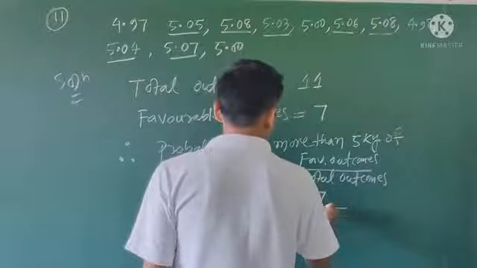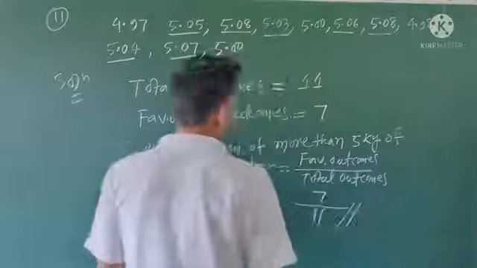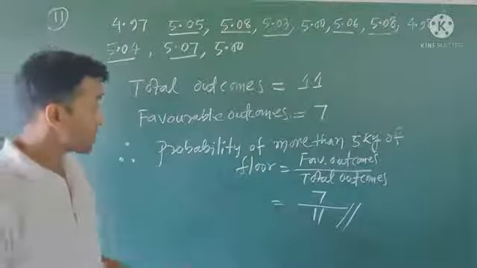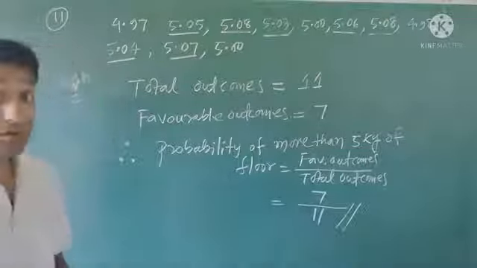Favorable outcomes we have 7, total outcomes is how much? 11. So this is your probability of more than 5 kg of flour.